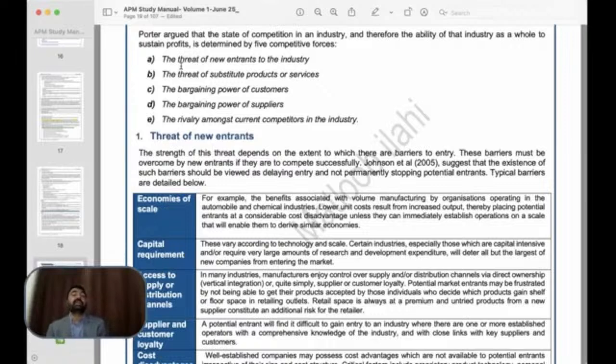Number 2, the threat of substitute products or services. Yes, we are seeing in this age of disruption how alternative business models are emerging in almost every industry.